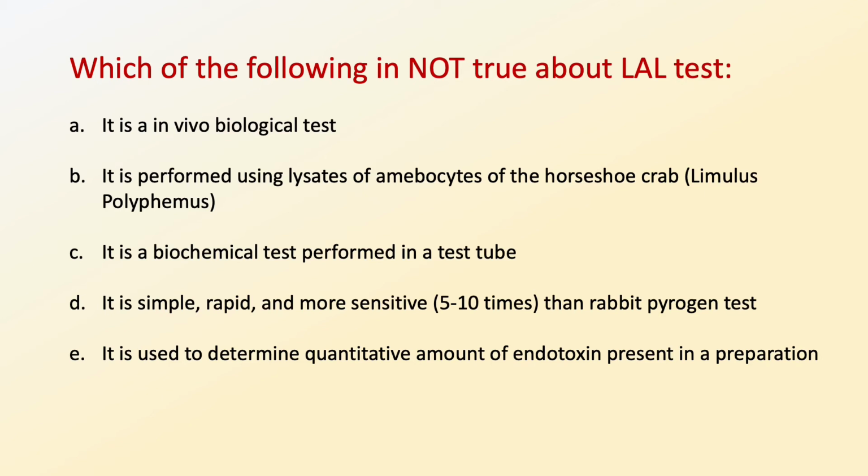Option C, it is a biochemical test performed in a test tube. Option D, it is simple, rapid and more sensitive than rabbit pyrogen test. Or option E, it is used to determine quantitative amount of endotoxin present in a preparation.